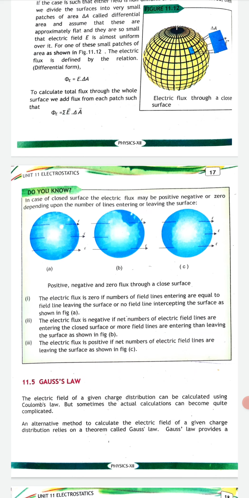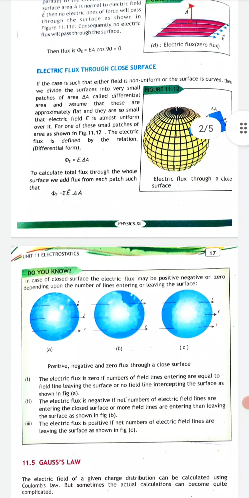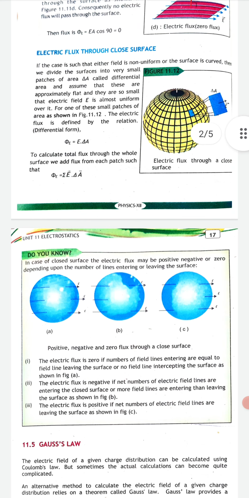After that supposition, we can apply the definition of electric flux, which is equal to E dot A, where the electric field is uniform and the vector area is a flat surface.